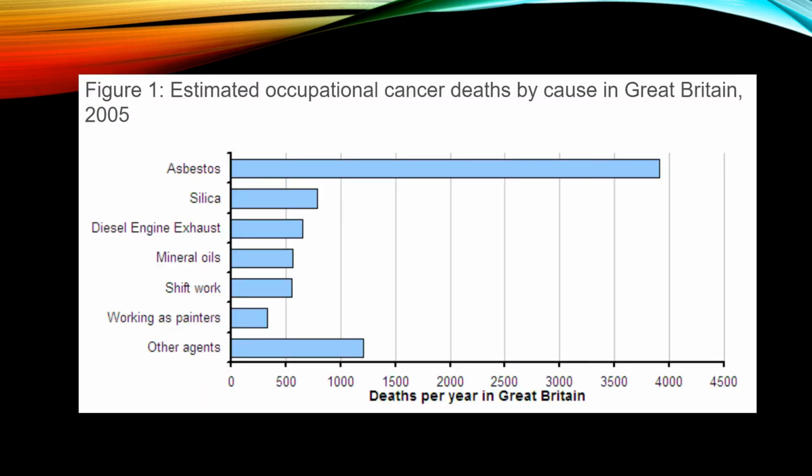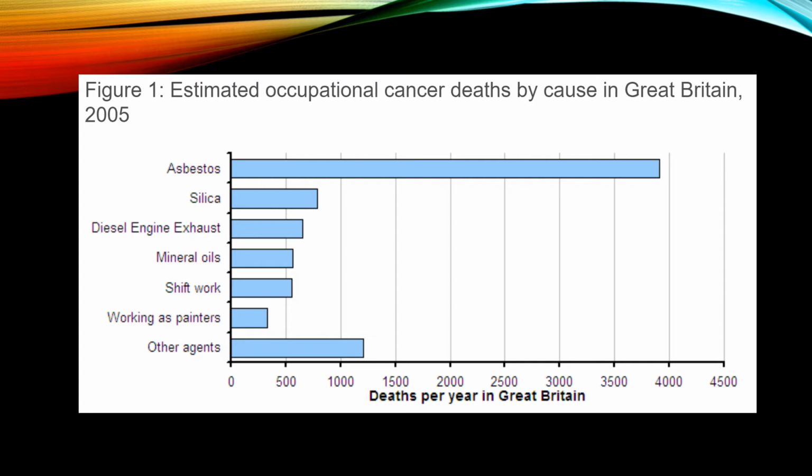Now let's look at this data from Great Britain. This data was produced in 2005. The chart is about the estimated occupational cancer deaths in Great Britain in 2005.